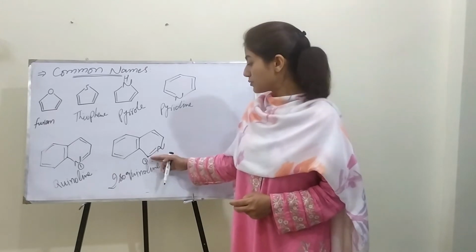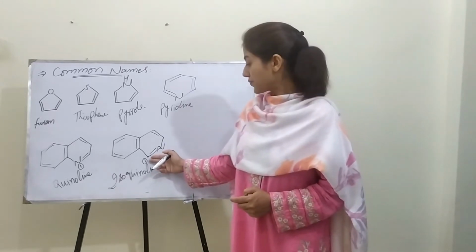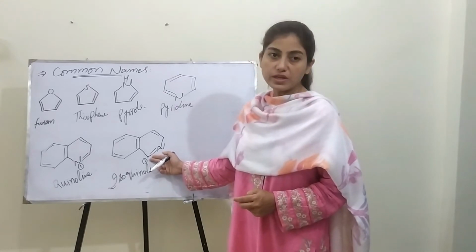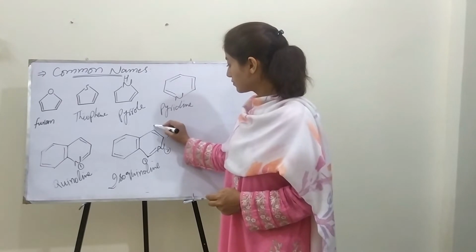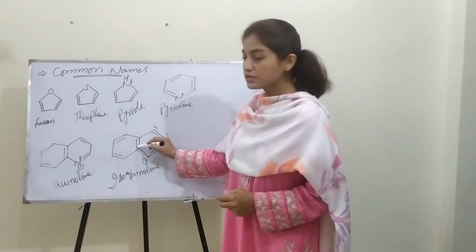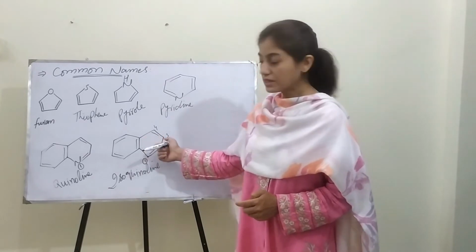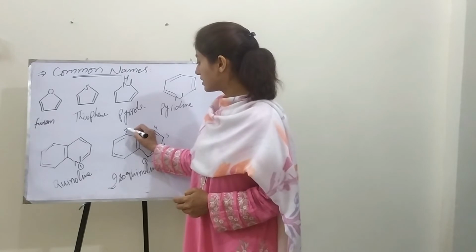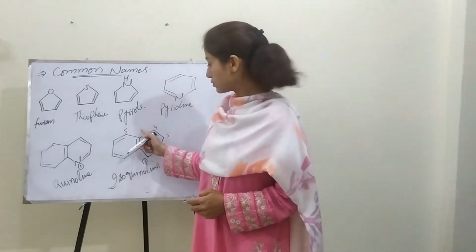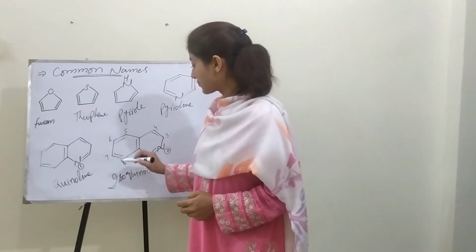It would be given number 1. This would be number 2, 3, 4, and the fused positions would not be given number 5 or so on. Rather, next to that fused position would be given next number. So here that is 5, 6, 7 and 8.